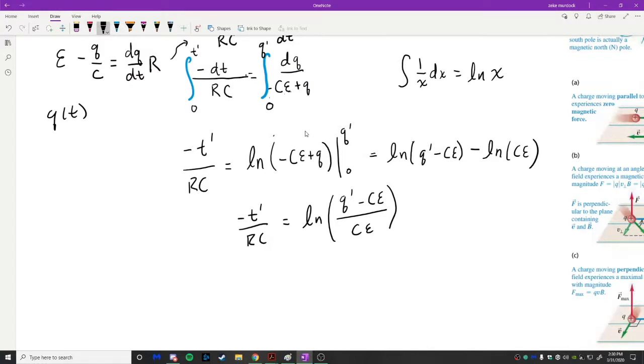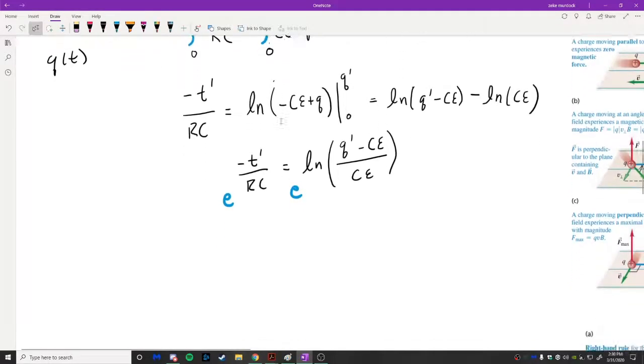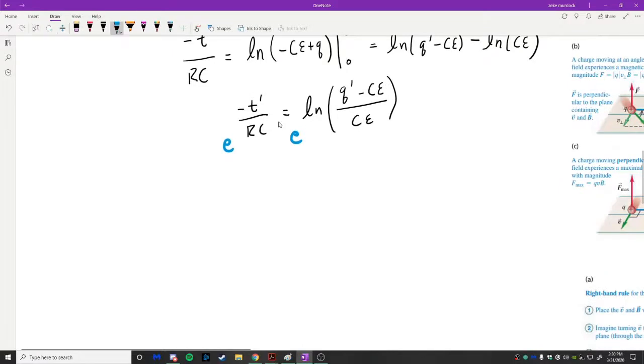And then to get rid of the natural log, we raise both sides to the e power. So the left-hand side now becomes e to the negative t over RC, and the right-hand side becomes Q prime minus CE over CE.